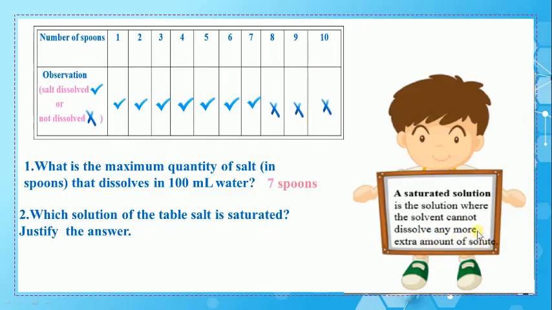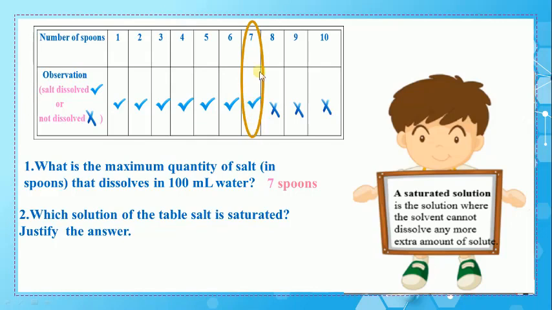Now, to determine the saturated solution from these solutions, let's refer to the table. What is the maximum amount of salt dissolved in 100 milliliter of water? Very good. It is 7 spoons. So 7 spoons is the maximum amount of salt dissolved in 100 milliliter of water.